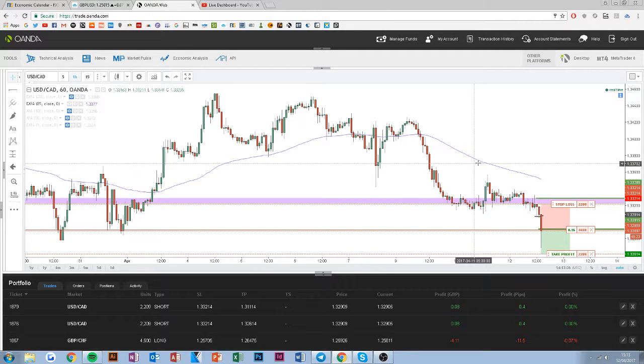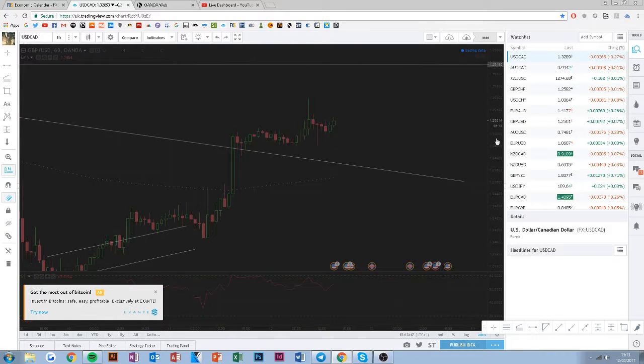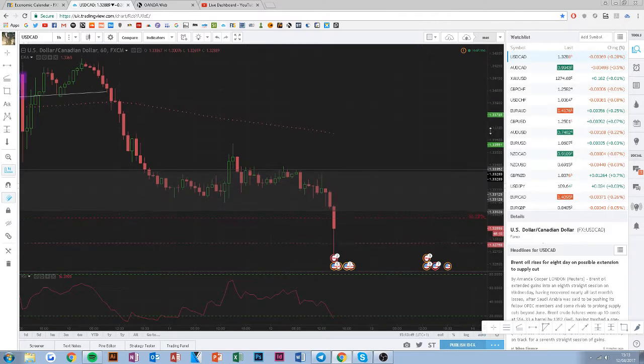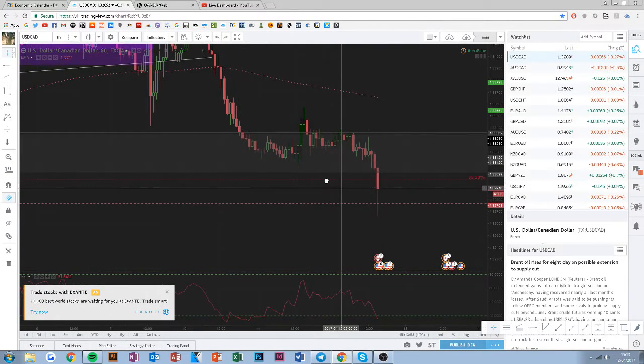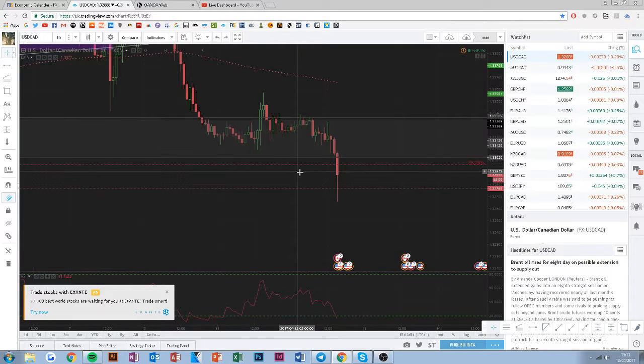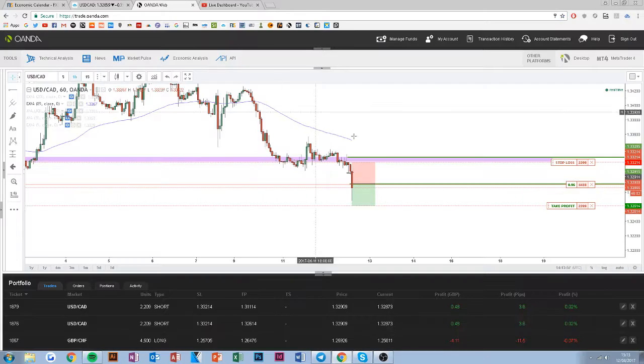But if we look at the hourly chart, it's looking good. If I have a look at my own, this is where I do my charting. It has actually broken below this weekly level, which is a really good sign. Because my stop loss is at 133.214.